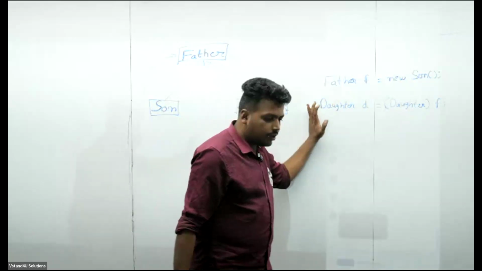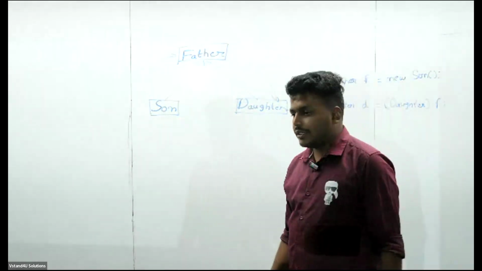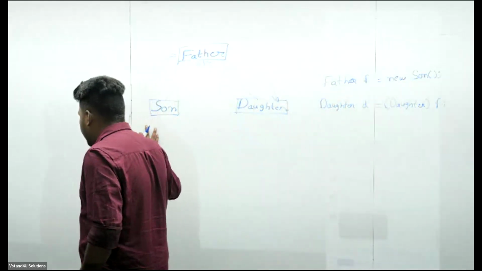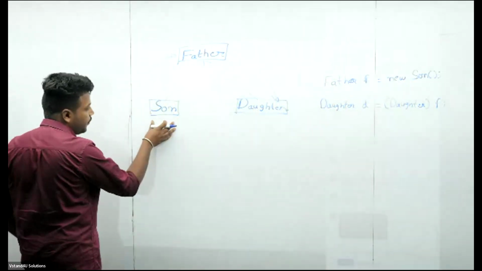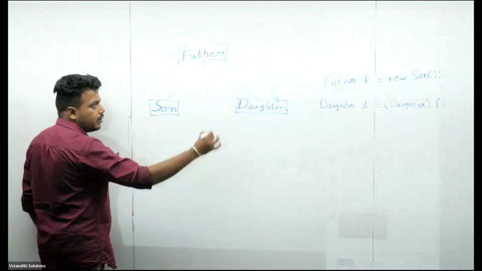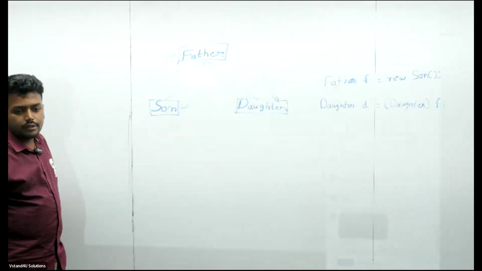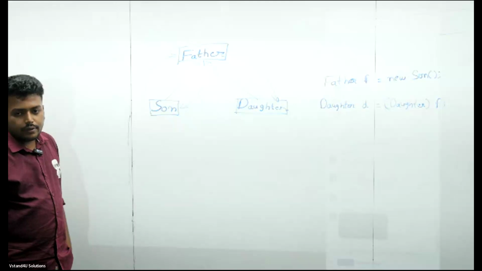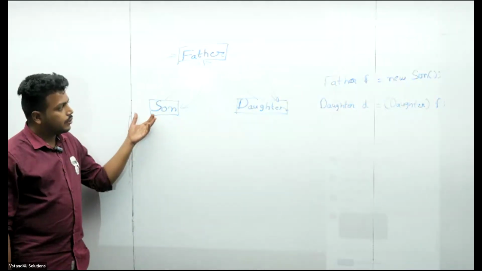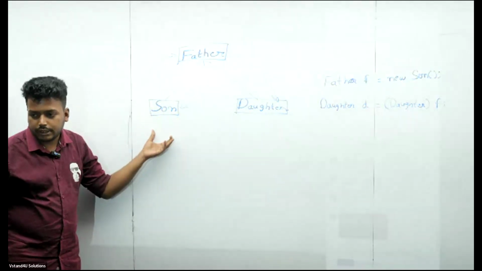This is not possible in Java. Why, sir? If son is upcasted to the father, only the father can be downcasted to the son. The subclass which is upcasted to the superclass, the same class should be downcasted.